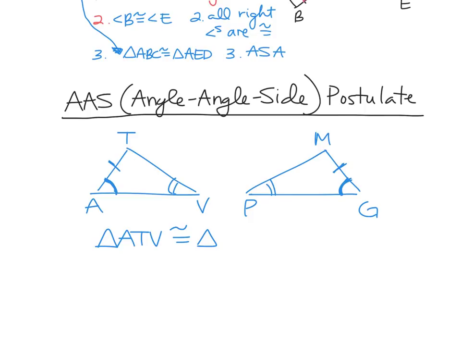Right, so if I went from a single arc to no arc to a double arc, then I have to go single arc with G, no arc with M, double arc with P. So we would say those two triangles are congruent by angle, angle, side.